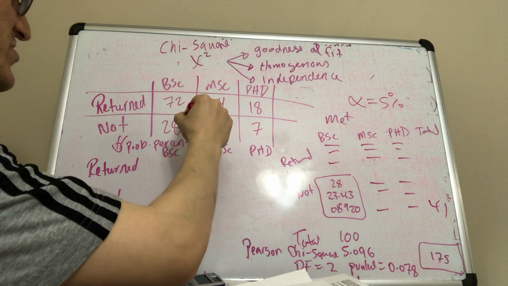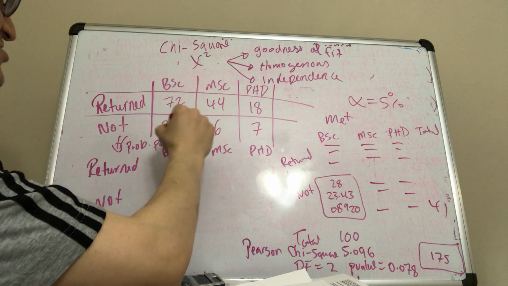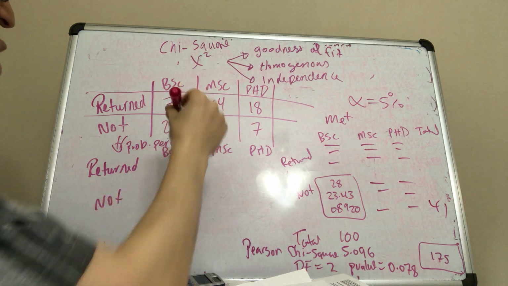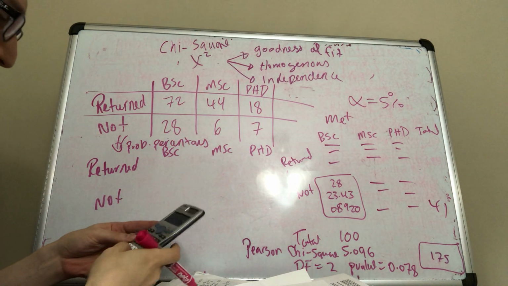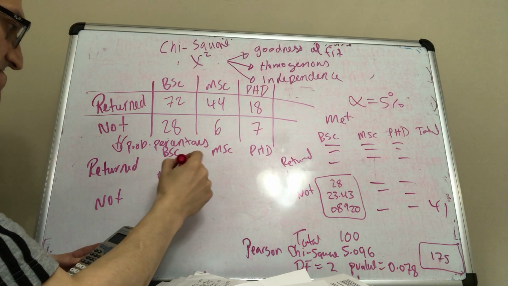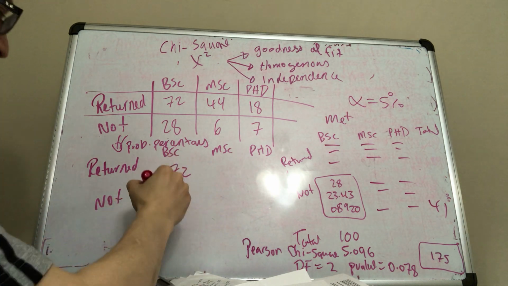So we stick with the same group, first group, 72, 28, total 100. So there are 100 PhD. 72 of them returned, so 72 out of 100, that's 72%. 28 did not return, 28, that would be 28%.